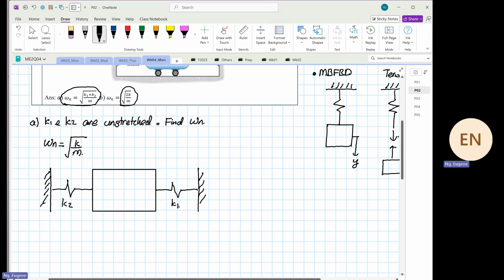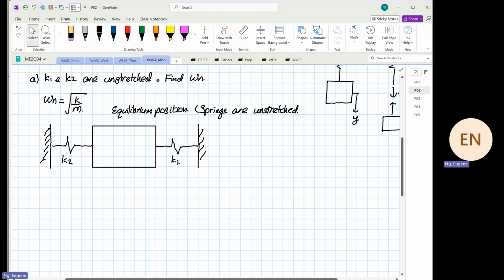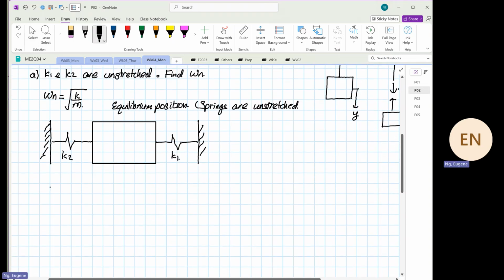Okay. And the first part, it says the what? So this is our equilibrium position. Okay. And it states that the springs are what? Are unstretched.